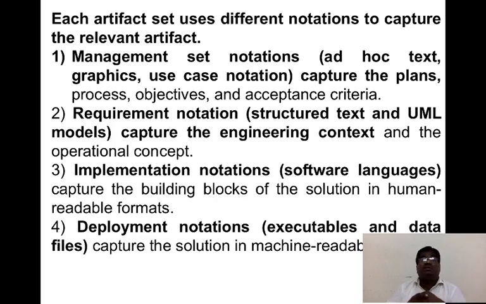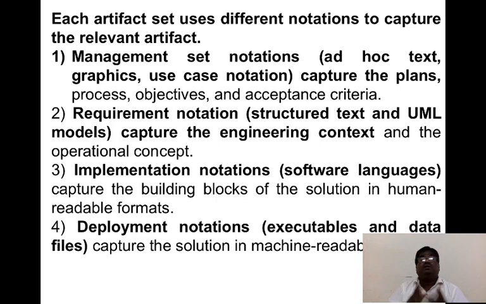Then deployment notations, executable data files, capture solution, machine readable formats. So finally, the deployment notations are executable format, databases, and changeover mechanisms are required. These are the artifact tools required.